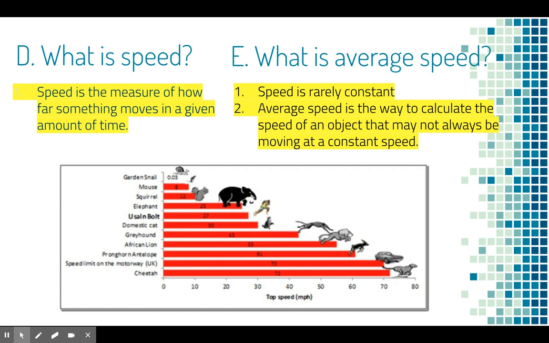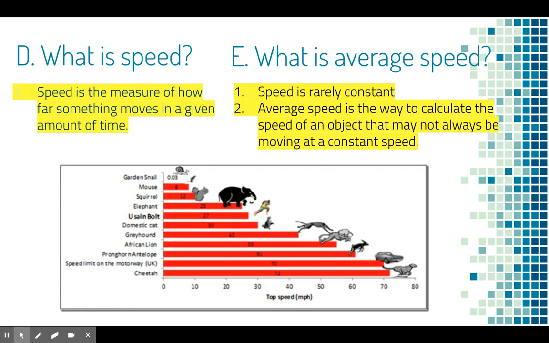What is average speed? Speed is rarely constant. When I'm driving down to Maple Grove, I'm not going to be going at the same speed the whole time, because I have to stop at stoplights or I might have to speed up or slow down based on traffic. So we often use average speed to calculate the speed of an object that may not always be moving at a constant speed. The same thing goes for animals in the picture.